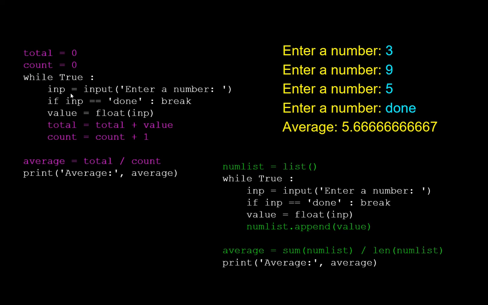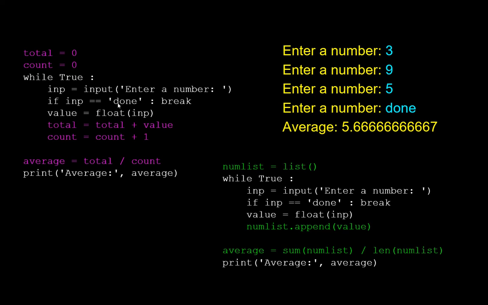We have a while loop, and we start getting input from the keyboard. If input is done, we break, we go to the next one. It means that we have received enough numbers.